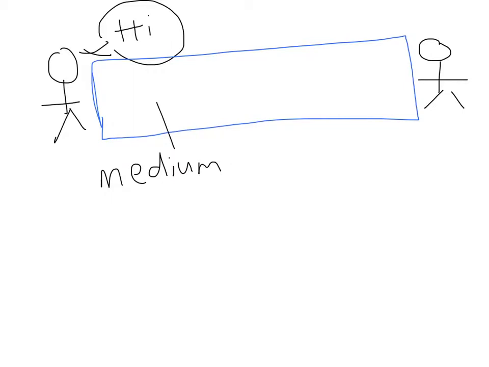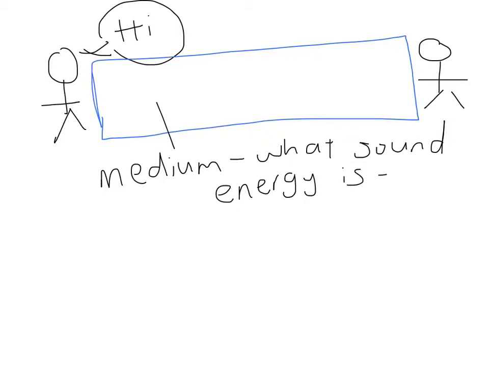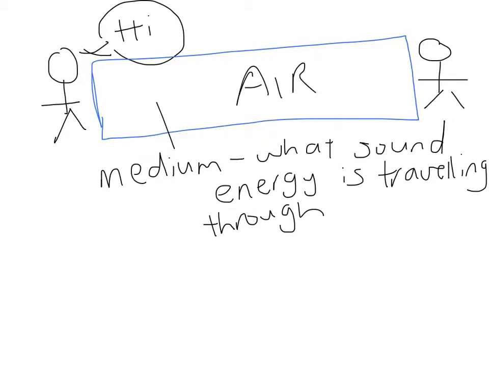So the medium is what sound energy is traveling through. In this case, if it was air, air will be the medium. If these two people were underwater, water will be the medium. If there was a big wall between them, then it will be the wall that will be the medium. Whatever the sound is traveling through is called the medium.